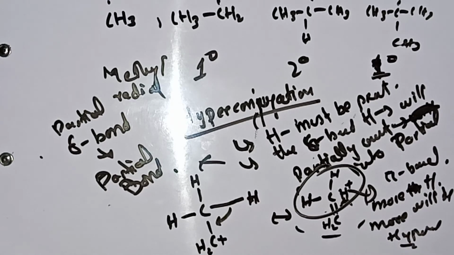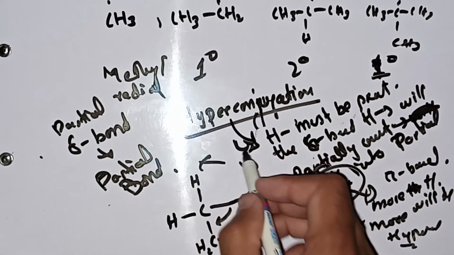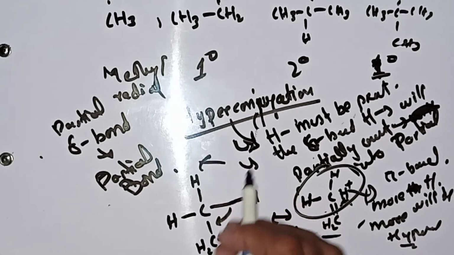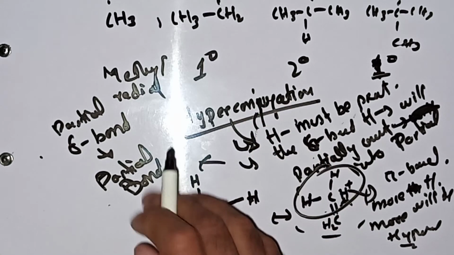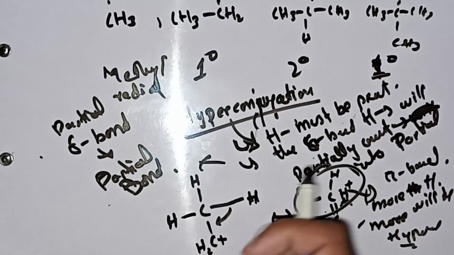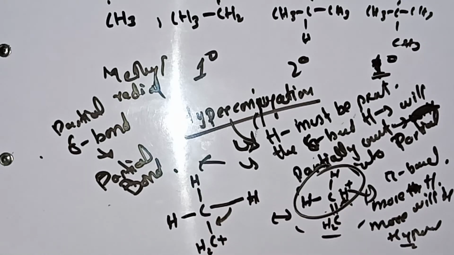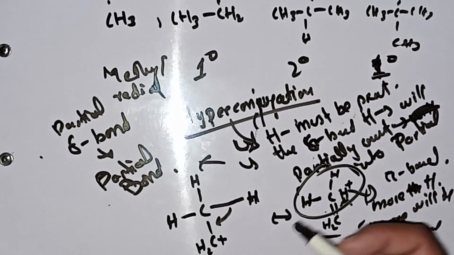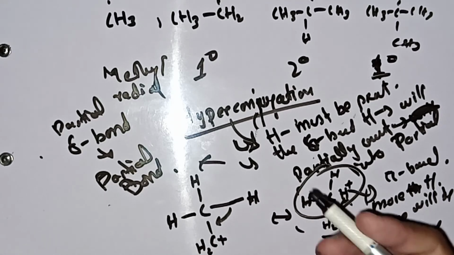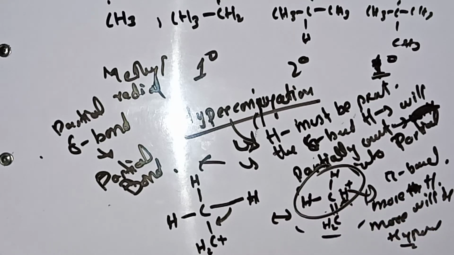Is that clear? Hyperconjugation is similar to resonance. It also gives stability up to some extent to a complex that has delocalization between partial sigma bond and partial pi bond.